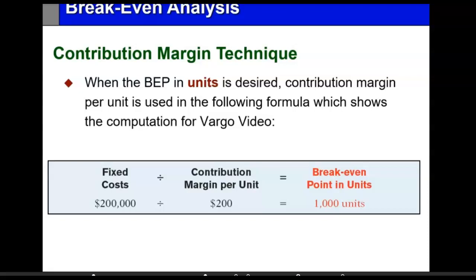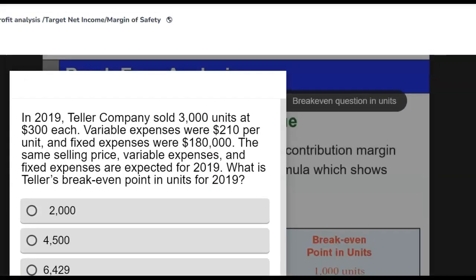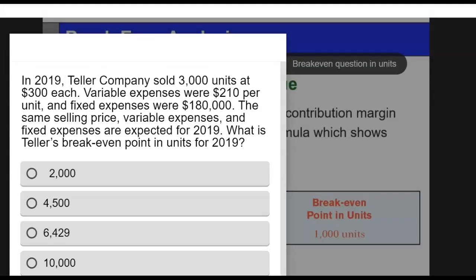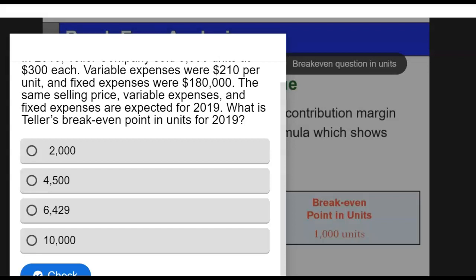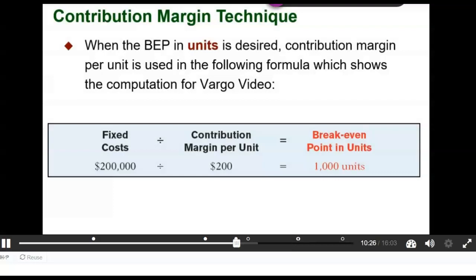I have to sell 1,000 to cover my variable cost and to cover my fixed costs.